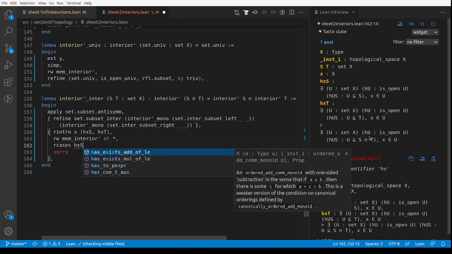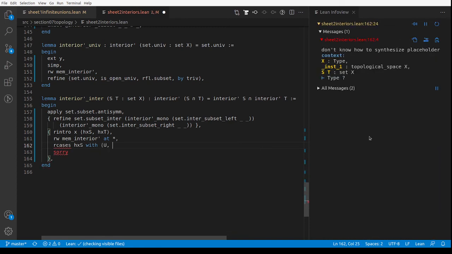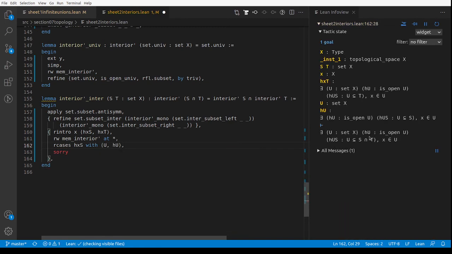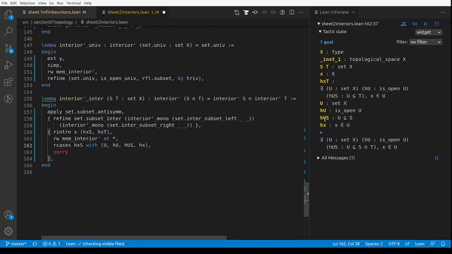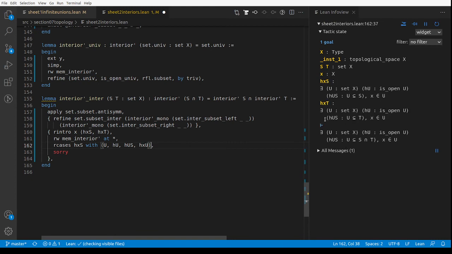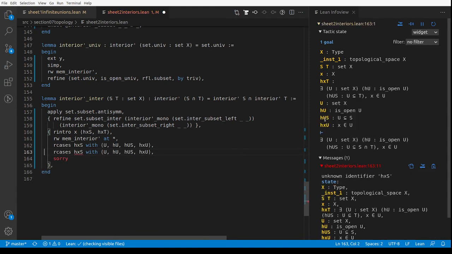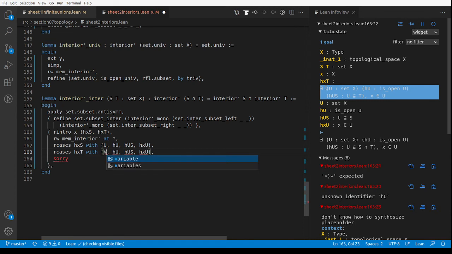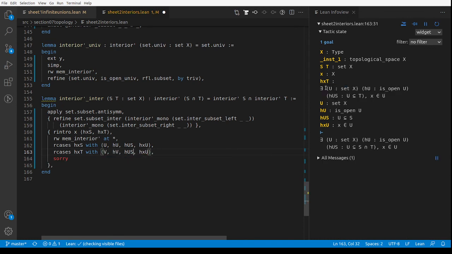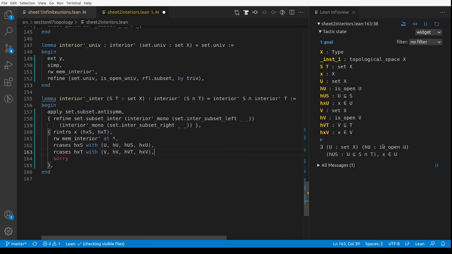Our case is hxs with hus, comma hxu. And then I want to take hxt apart with it, and that's going to be a v and an hv, an hvt, and hxv there.